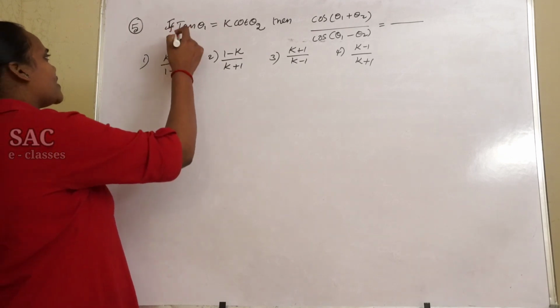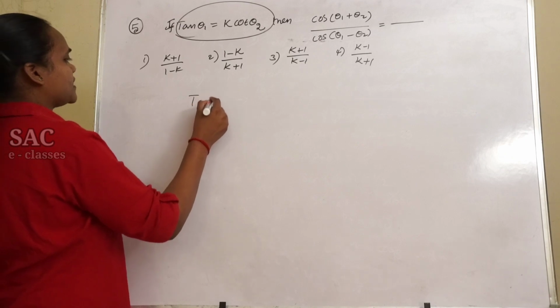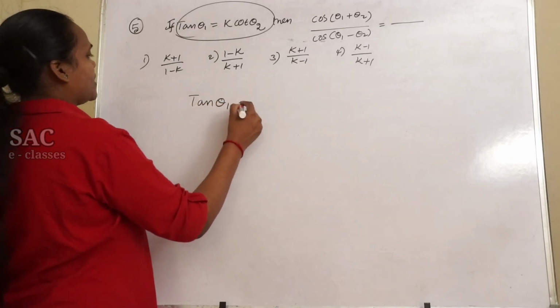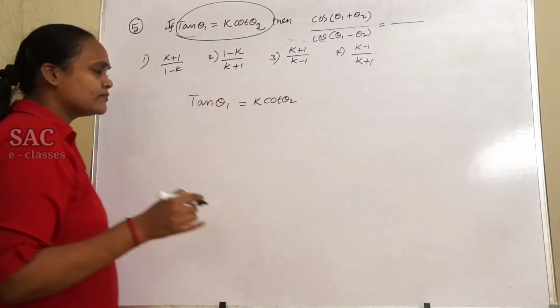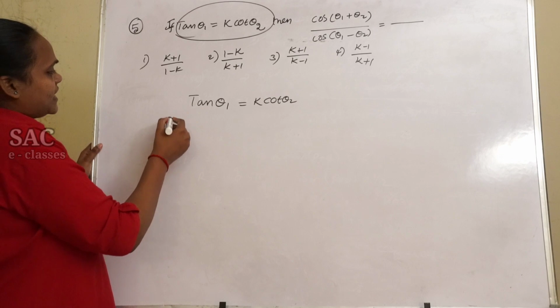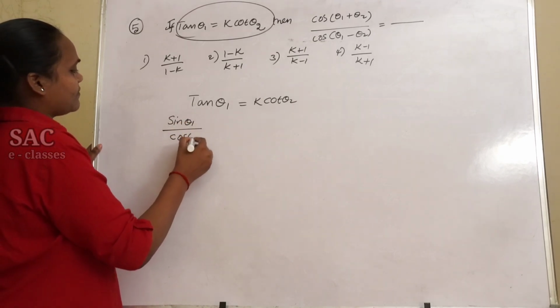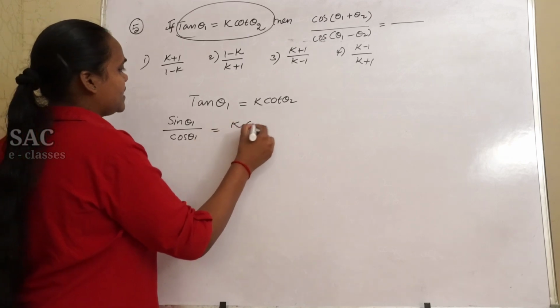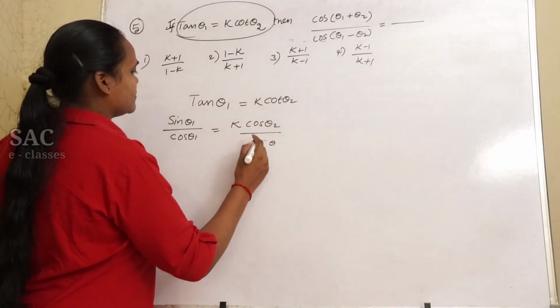Then this situation arises, just observe the given one. What is the given condition? Tan theta 1 is equal to k into cot theta 2. You know that you can express tan theta 1 as sin theta 1 by cos theta 1, which is k into cos theta 2 by sin theta 2.